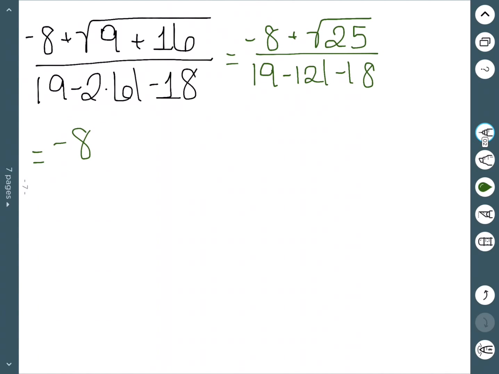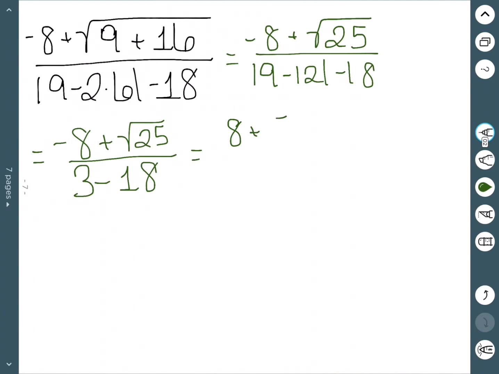The next step, we still have stuff going on inside of grouping symbols. 9 minus 12 would be negative 3, and the absolute value of negative 3 is positive 3. We can now evaluate exponents and roots. The square root of 25 is 5.